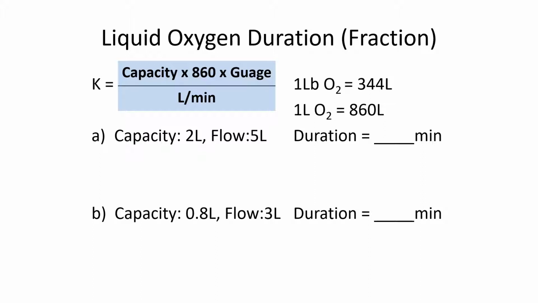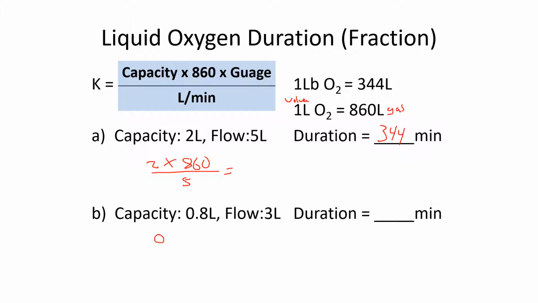All right, this time we're going to use volume. So 1 liter volume of liquid oxygen yields this much volume of gas. So capacity, 2 liters times the conversion over the flow rate. Not bad.